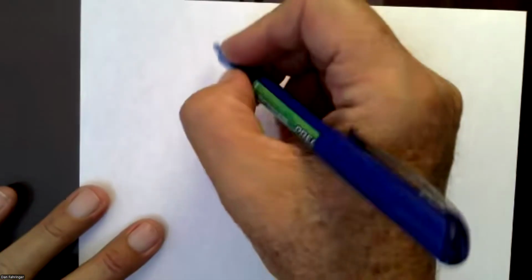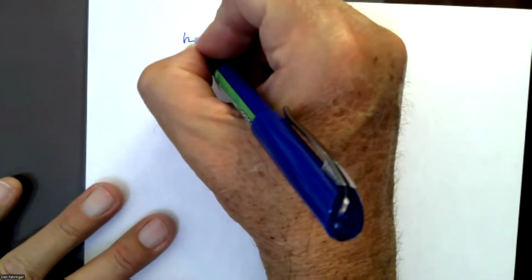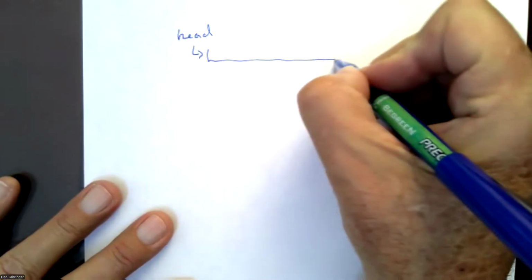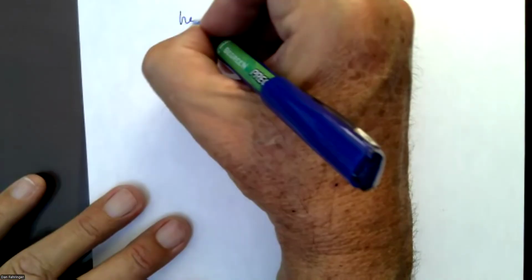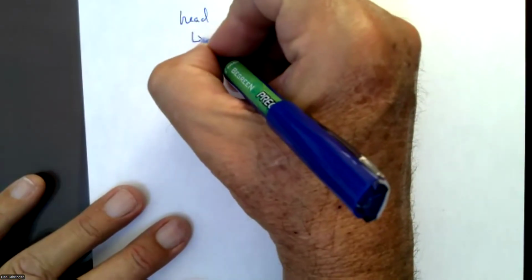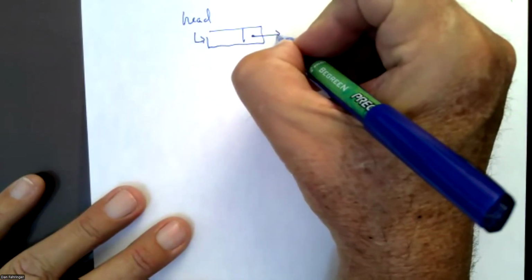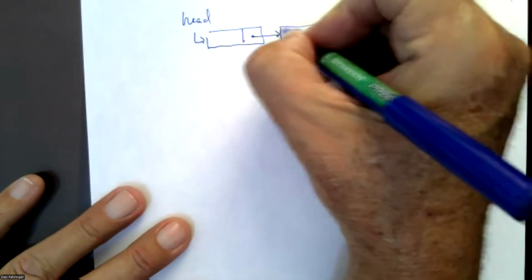So some of this stuff, and we're going to talk a little bit more about it in the future, is what if I have a linked list? Now that we're familiar with them, it looks like this.